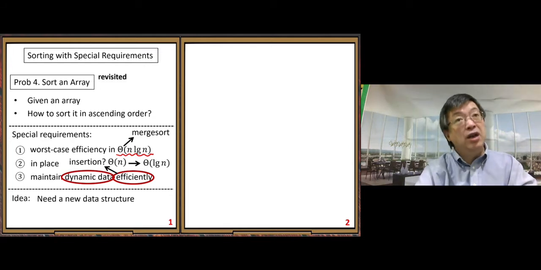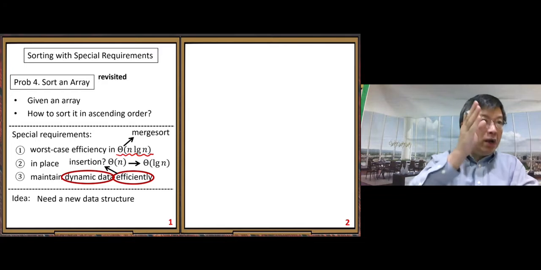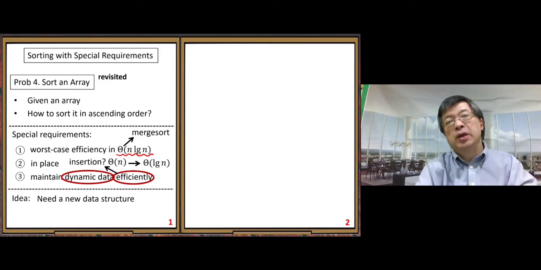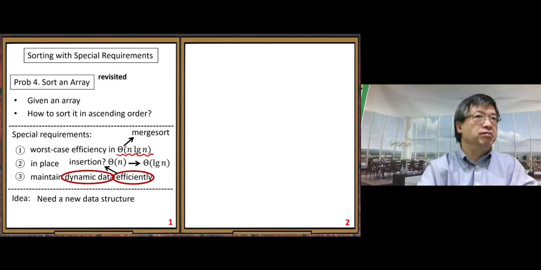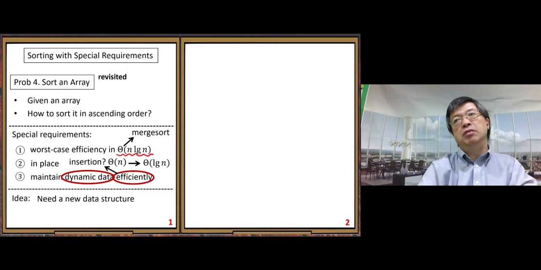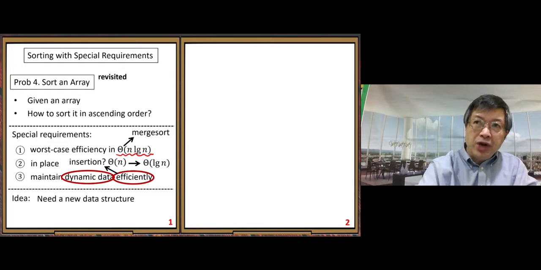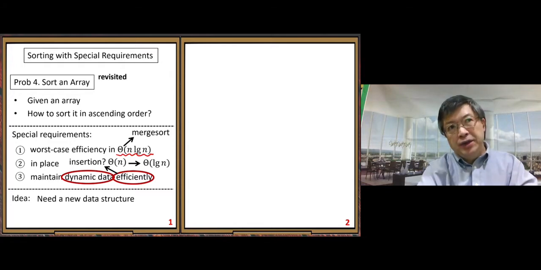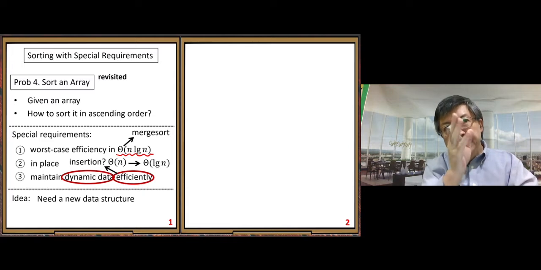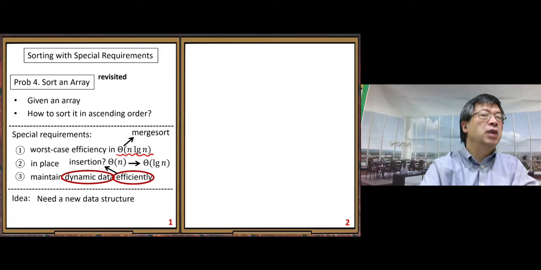So we did not use any new data structure. But for this one, you have to consider a new data structure. Otherwise, you cannot solve the problem. Here you can see something very general in algorithm design. That is, sometimes when you need to solve a relatively hard problem.